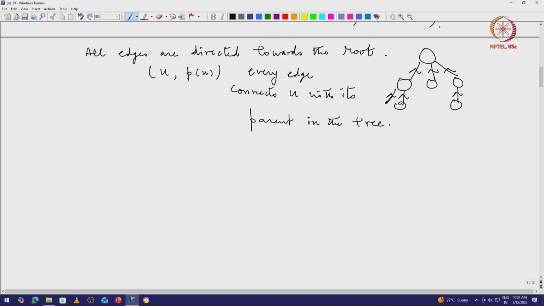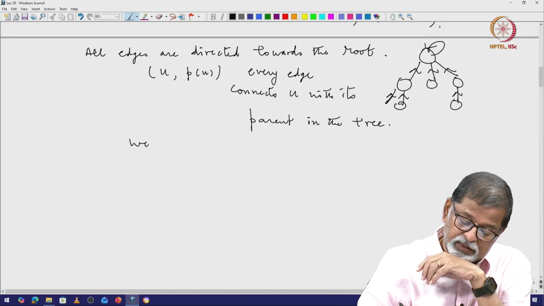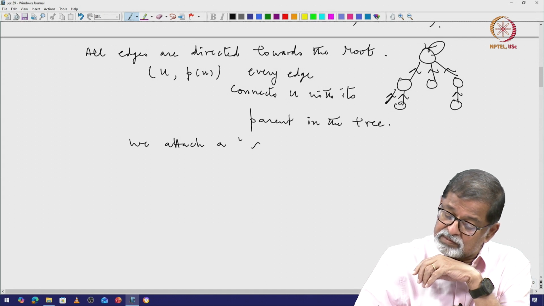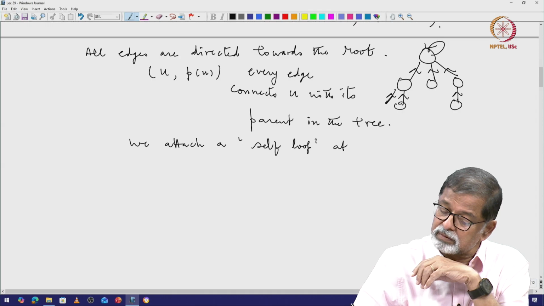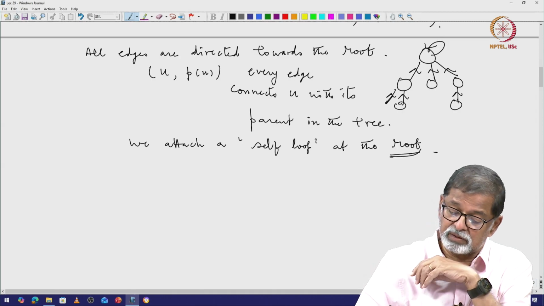So every node is referring to another node which is its parent. There is an exception for the root. The root does not have a parent. Therefore, at the root we attach a self loop. This is a distinguishing property of a root.